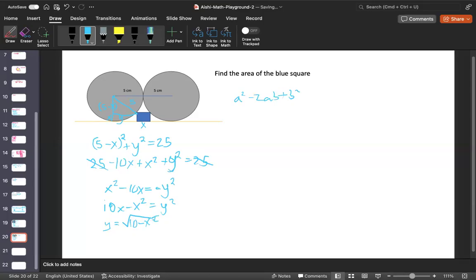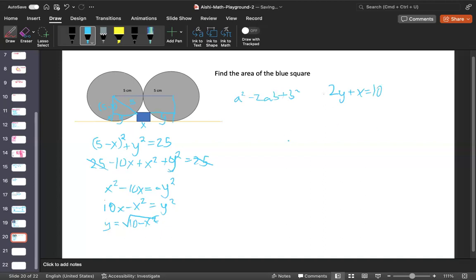Okay, so now to make an equation, let's find another equation for y. If we make a line here, and then make another line over here, this is also equal to y. So we also know that 2y plus x is equal to 10.